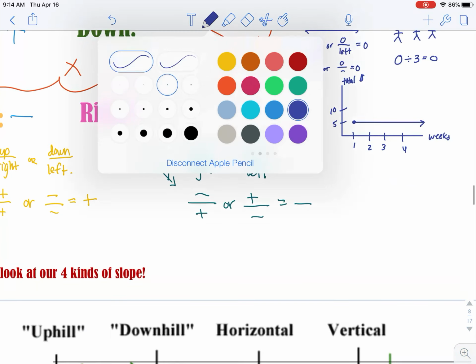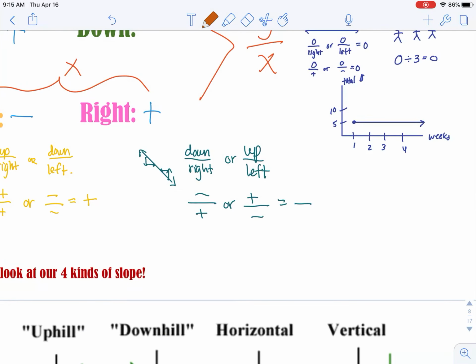Okay? And then last but not least, we have our vertical line, which is even less likely to happen, but we still need to know it. Okay, this one goes either up or down, but it can't go right or left. So it goes up, but 0 right or left, or it can go down, but 0 right or left.